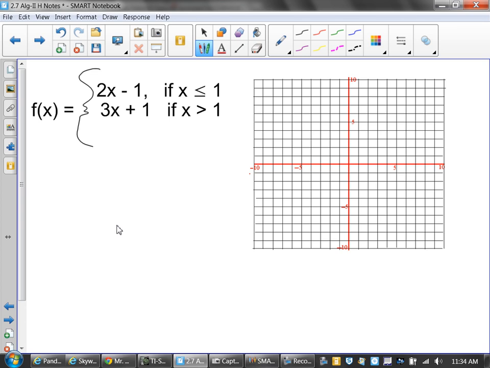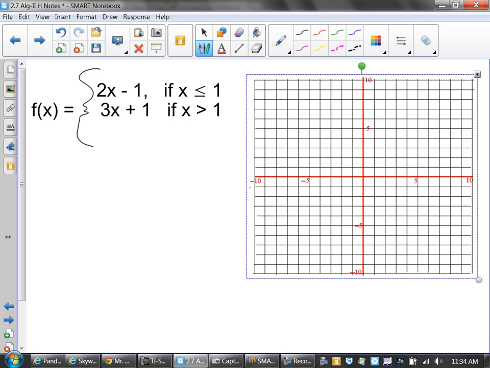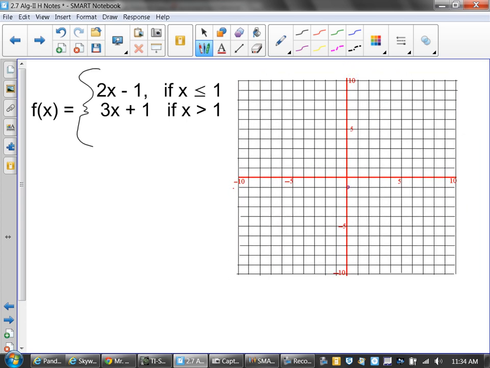And 2x minus 1, I start that at -1. -1, and walk your slope of 2. Up and right 1. And down and left.